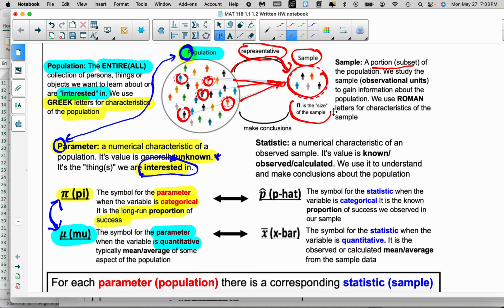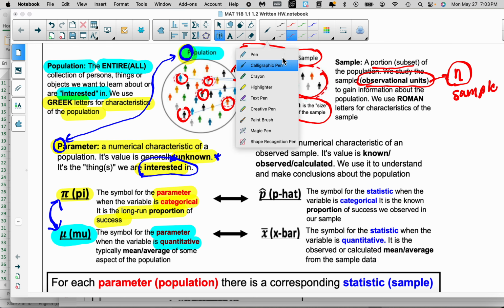N is the sample size, the number of things that we select from all the things. And so what we're able to do in that case is that we can study or observe some of those elements or units, okay? So we're observing some number, N, or the sample size, some number of elements.